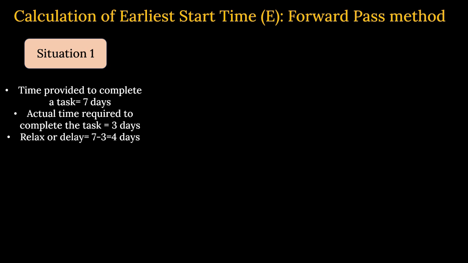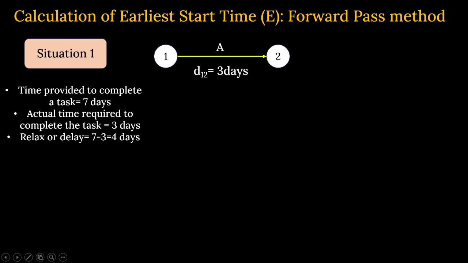If this is the situation, now let us see the pictorial view. This is your start node, this is your end node, activity A, and your duration. How much is it given? 3 days. D12, duration is always denoted by D, and 12 is the starting node and ending node, 3 days.